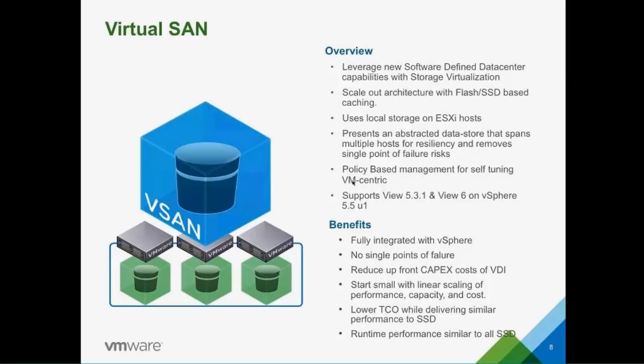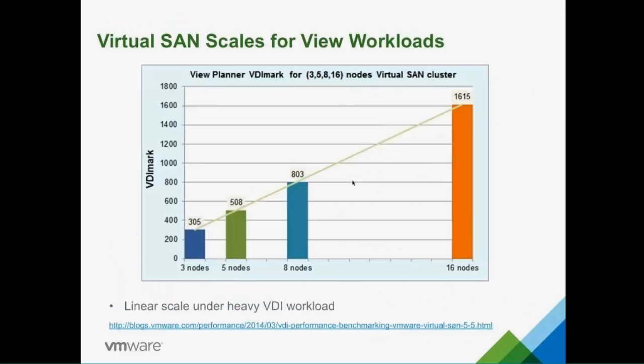Best of all, Virtual SAN is exceptionally scalable. You can start with as little as 3 hosts, each containing a minimum of 1 solid-state disk and 1 spinning disk, 1 regular hard drive. That's all each host needs to get started.